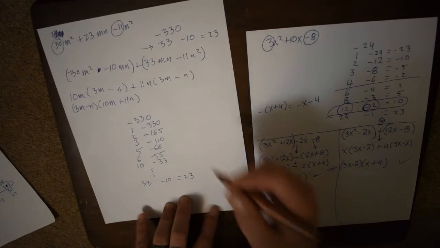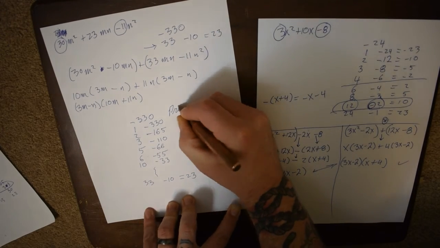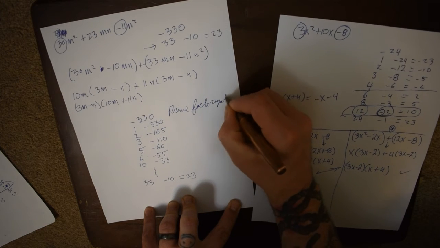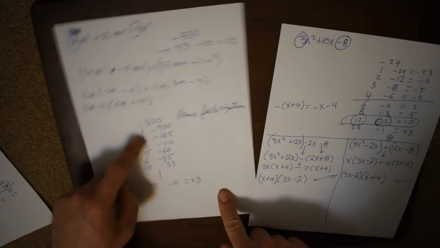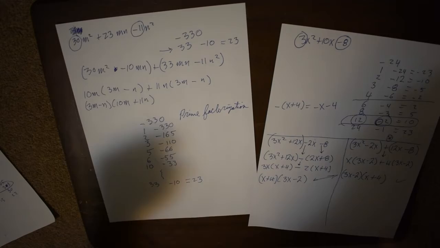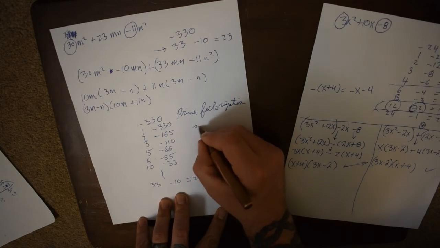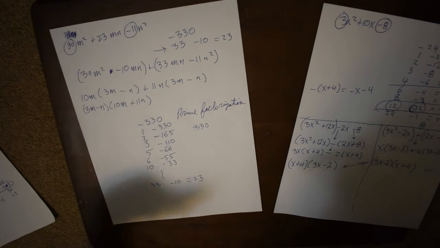Something that might help you is a prime factorization. If you look up the prime factorization for a number, it'll tell you all the prime numbers that divide it. You can also just use your calculator. You can type in 330 and divide it by 1, 2, 3, 4, 5, 6, 7.